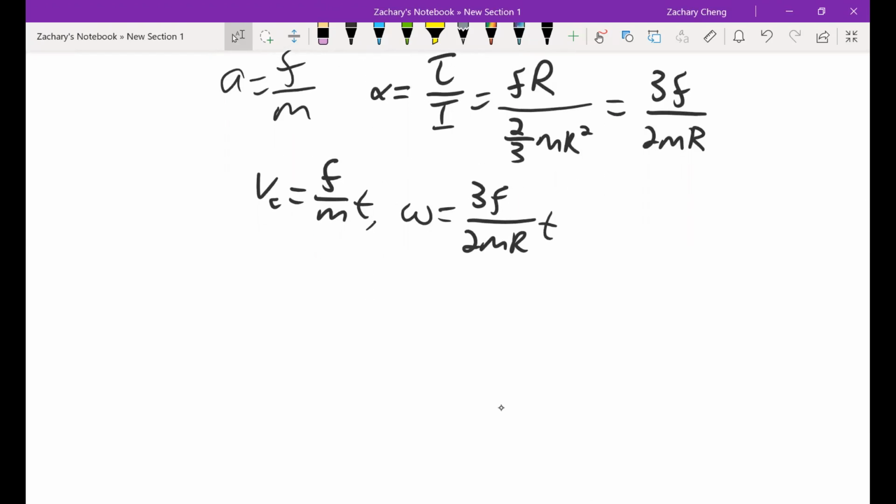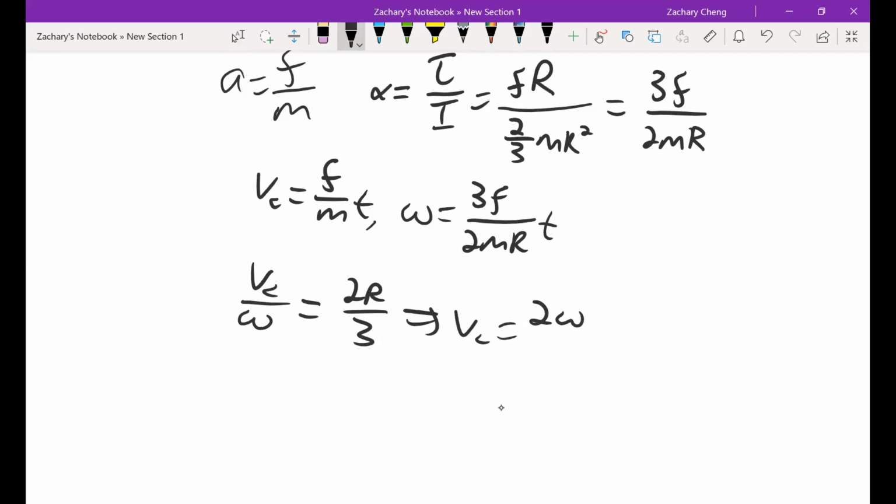We just get Vc over omega, which allows us to cancel out m and F and t, and since we don't know F and t, it's nice to cancel them out. So this is just 2r over 3. So then Vc is just equal to 2 omega r over 3. So that's the answer for the critical velocity such that the ping pong ball will stop and remain stopped.